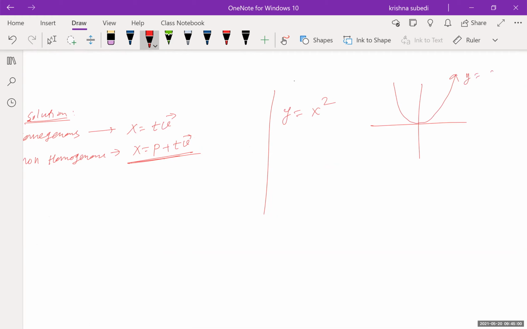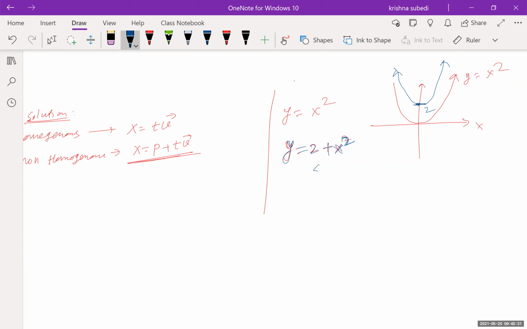It is your y equals x squared. It's a parabola. Suppose I do y equals 2 plus x squared, then what? Let me use a different color. I'm using the blue color. So my graph will move 2 steps up, right? So it shifted 2 up.